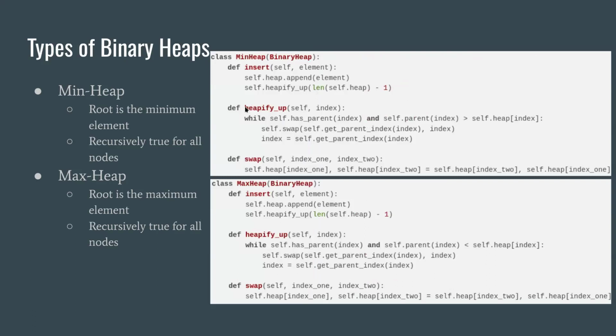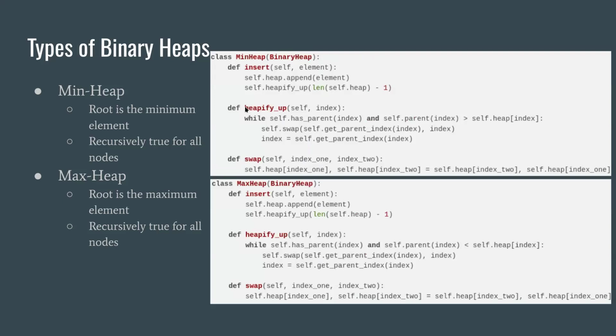Types of binary heaps. So we talked about in the previous slides that there are two main types of binary heaps, min heaps and max heaps. In a min heap, the root of the heap is the minimum element among all the elements present in the heap, and this property is recursively true for all nodes in the binary tree.